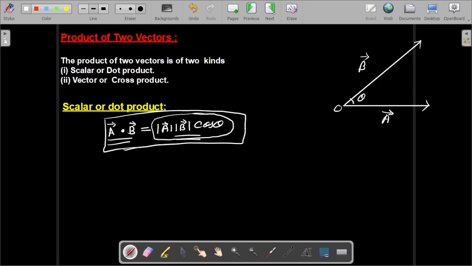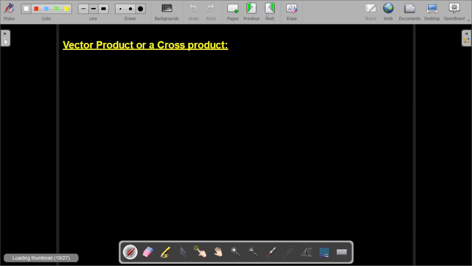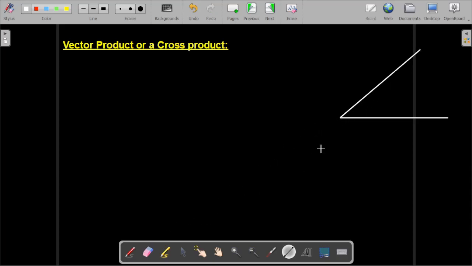So now come to the vector product of two given vectors. Similar to the previous one, suppose we are given two vectors A and B, making an angle theta between them.